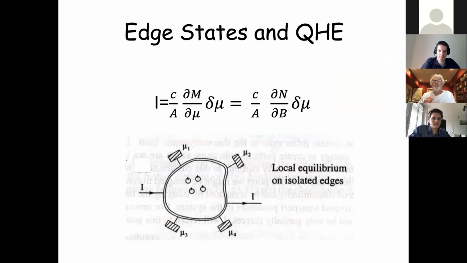I don't have time to go through this in detail, but many of you are familiar with the Streda formula in the theory of the quantum Hall effect. It says that if you have a system that has a quantum Hall effect, the density of states that are occupied below a gap should depend on magnetic field. In simple quantum Hall effect, this is just Landau level degeneracy, but for a Chern insulator, it's also true that the density of states depends on magnetic field.